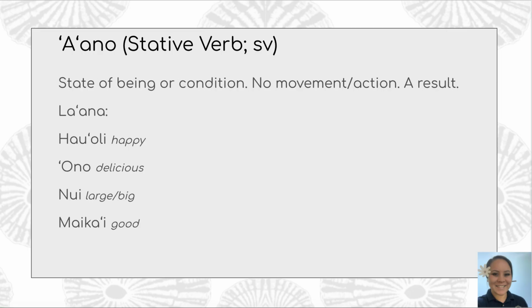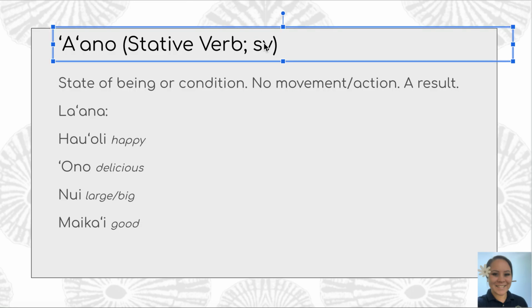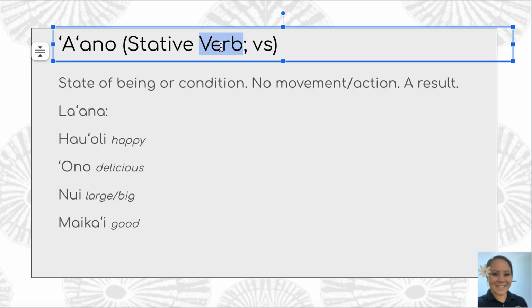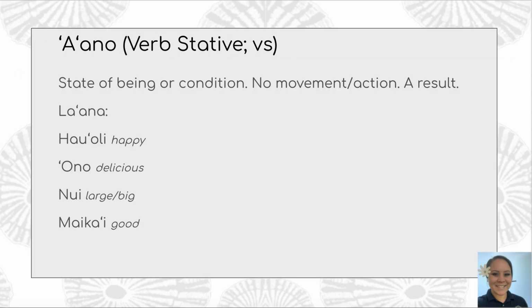And then third, we have our a'ano or stative verb, yeah, or verb stative. So in the dictionary, you will see VS. Verb stative. And these are non-action words, yeah? So the state of being or condition or a result.